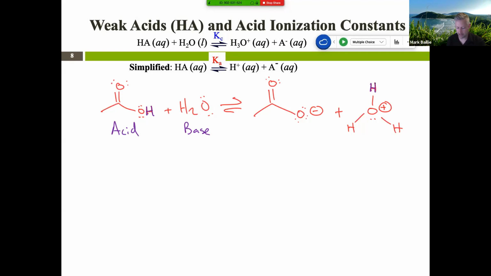And when they did that, what started out as the acid, now if the things on the right were to go in the backwards direction, what would this compound act as if it were to go from the right side to the left side? Does it accept a proton or does it donate a proton going from right to left?